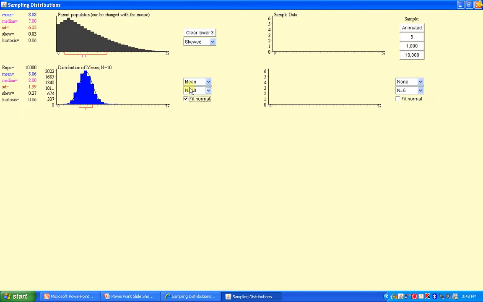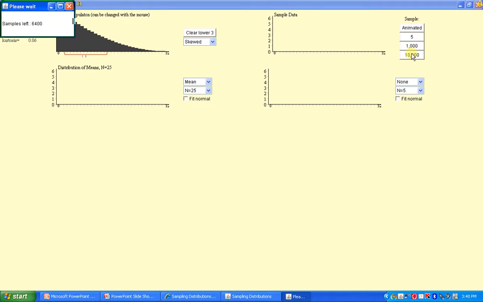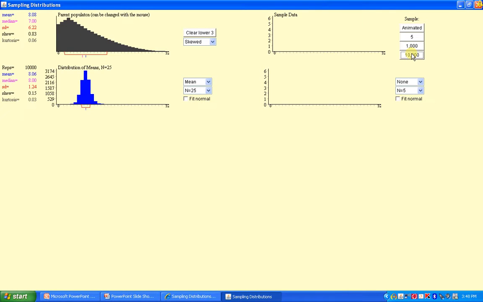It's actually starting to fit pretty well. 16, we'll just look. Still slightly some skew here, but getting better. And as n gets larger, we'll go to n equals 25. As n gets larger, it's going to appear more and more normally distributed. I'm talking about the sampling distribution of the means.